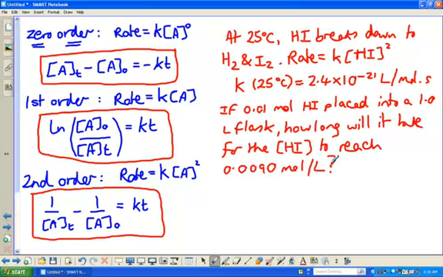Alright, so there's the question. That's the information that we have, and this is the question we're being asked with some more information.